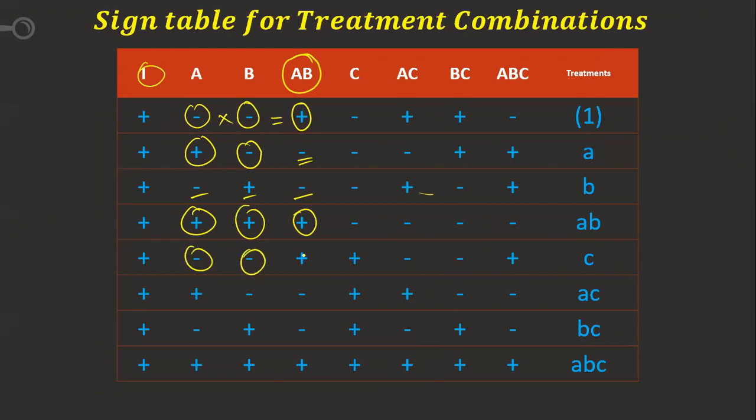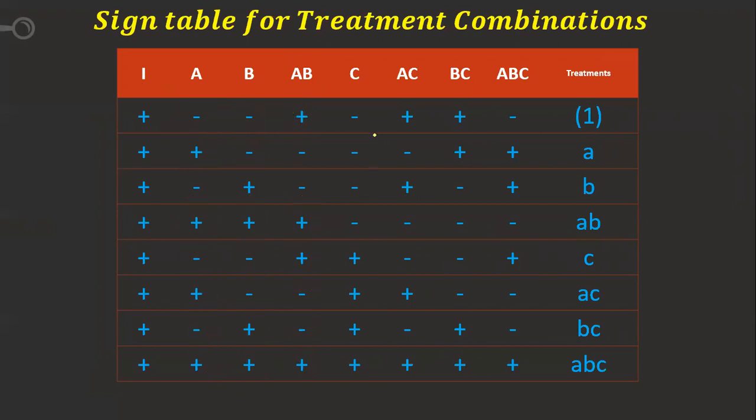Minus into minus gives plus. So that's over. For C, it is already from the table.